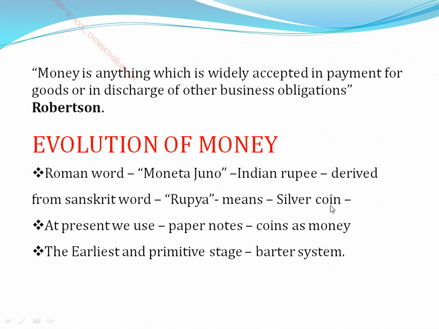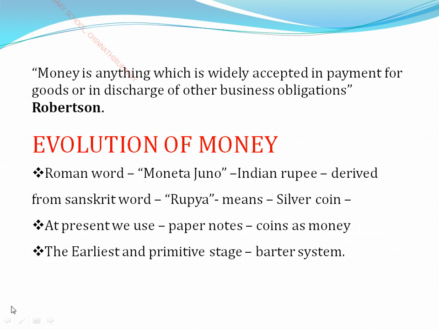Rupya means silver coin, which means a coin made using what? Silver ore. At present we are using currency notes and coins, such as the 1 rupee coin and 5 rupee coin. These are examples of Indian coins used as money.